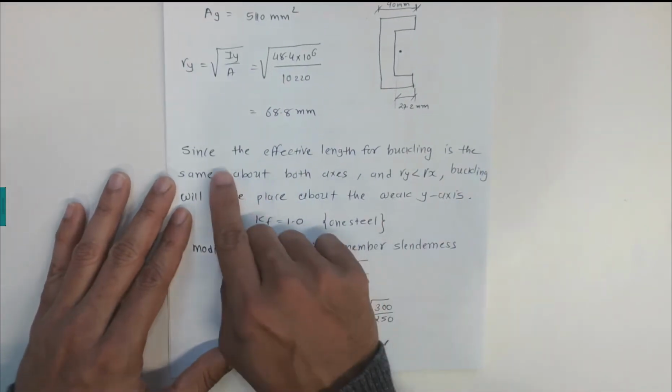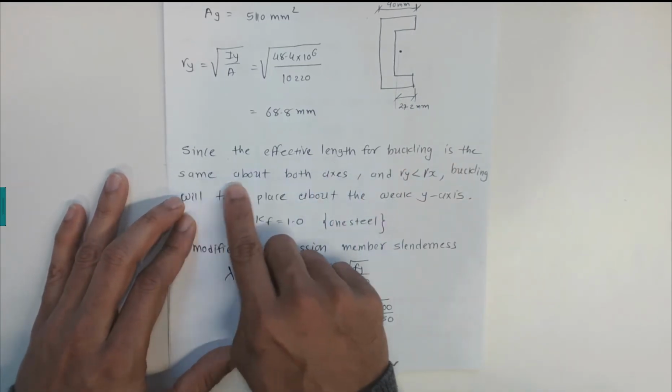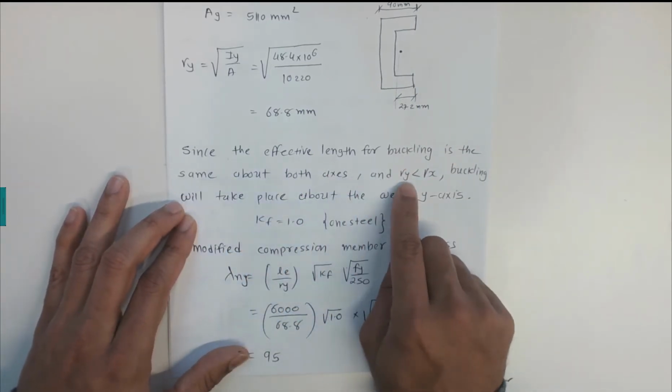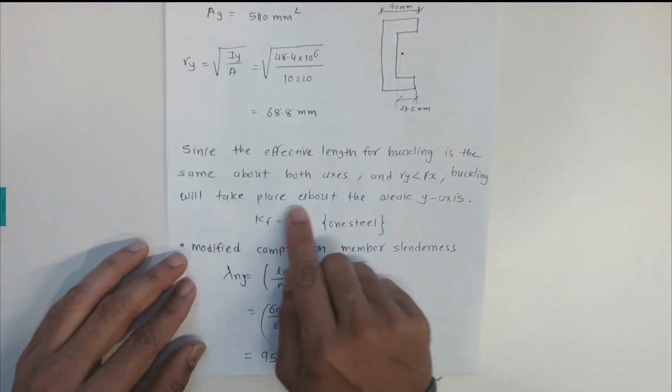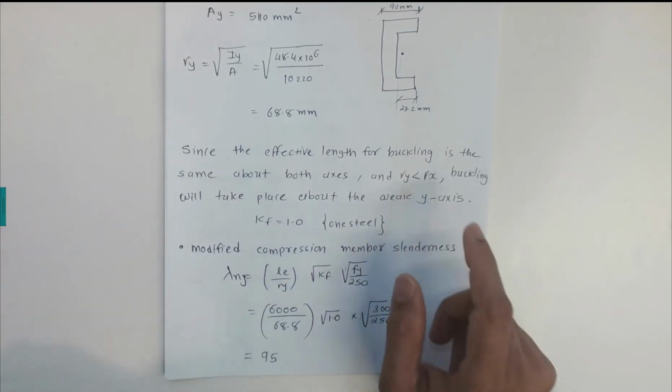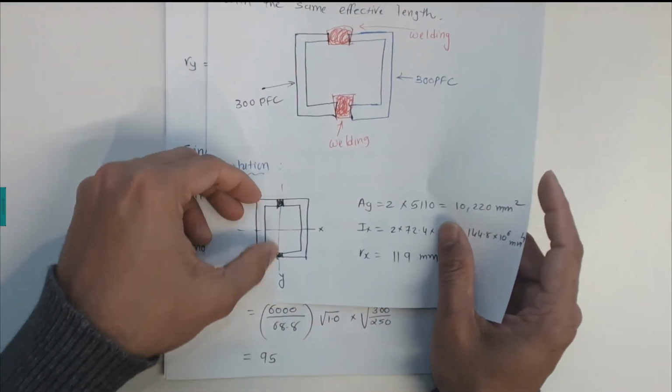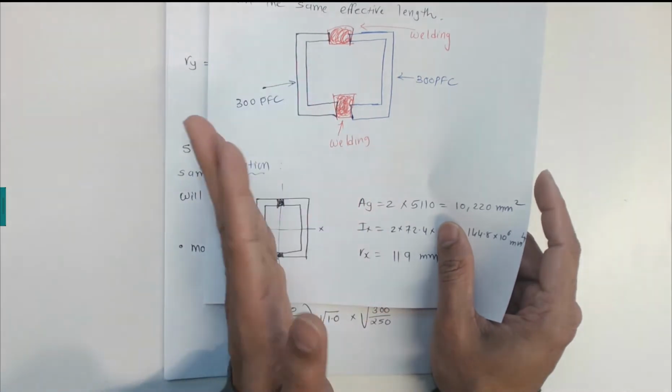Since the effective length for buckling is the same about both axes, and ry, which is 68.8, is less than rx, which is 119, buckling will take place about the weak y-axis. You can see this y-axis is the weak axis, and the buckling takes place about the y-axis.